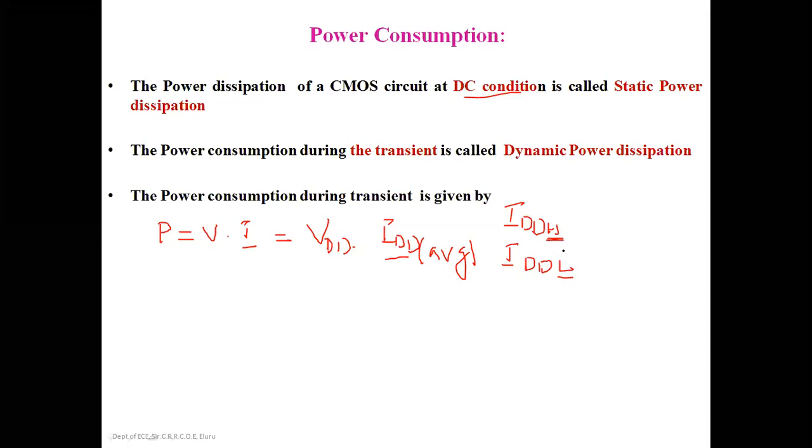So now the actual IDD is the average of these two, that is IDDH plus IDDL by 2. This gives us the IDD average, and the product of these two will determine the static power. So it is the easiest thing. You can easily determine the static power dissipation.